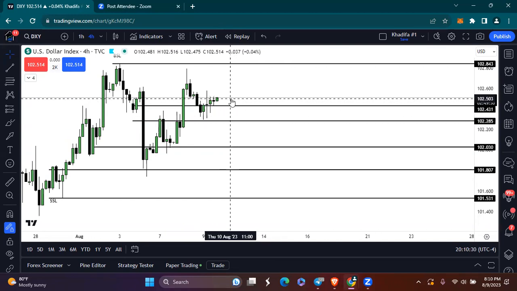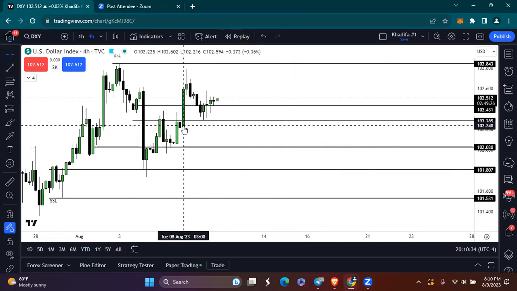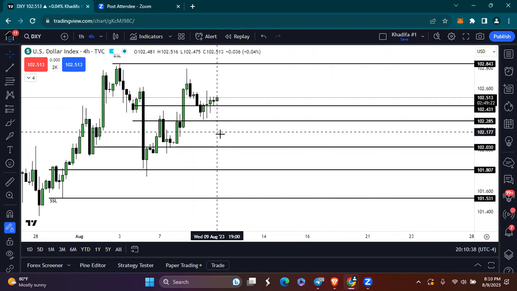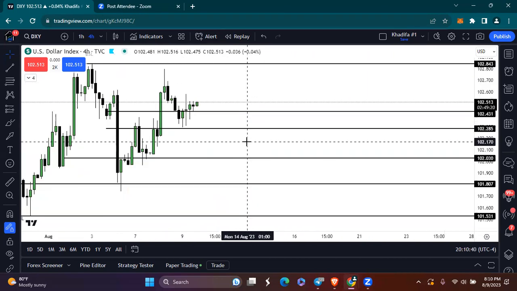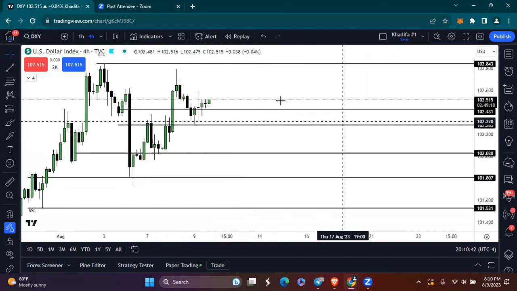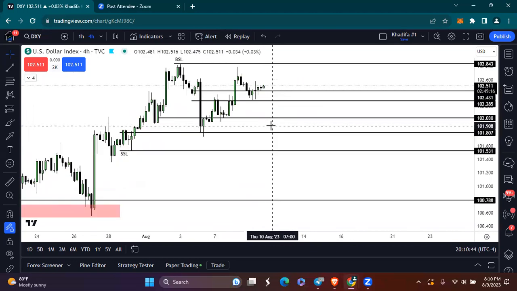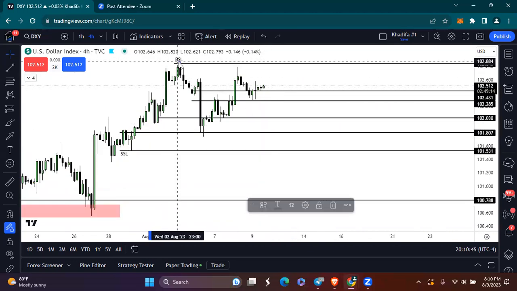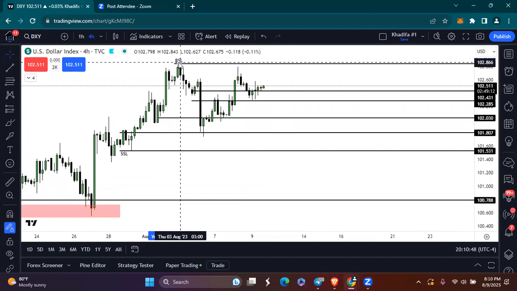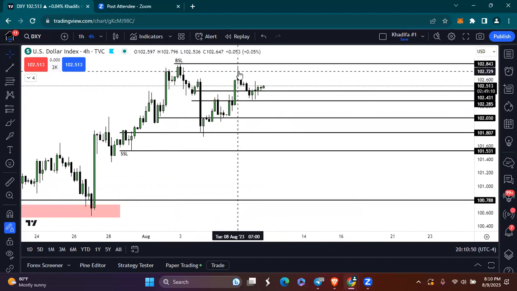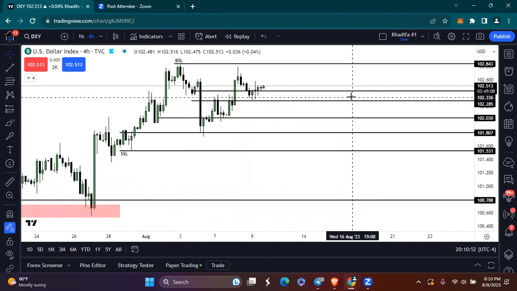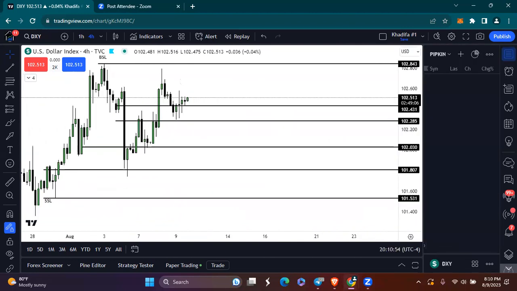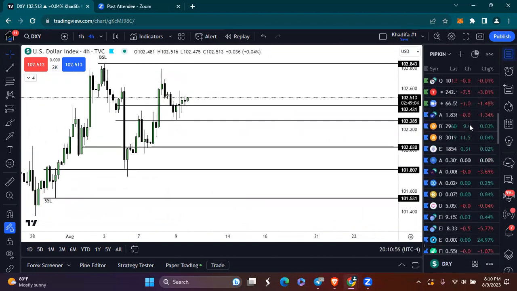So if the flow changes and we break below the PD array levels that we just broke above, then that changes and we will target sell side liquidity, plain and simple. So to start out the week, it's been beautiful. My gun to head analysis has been on point. So, moving on.